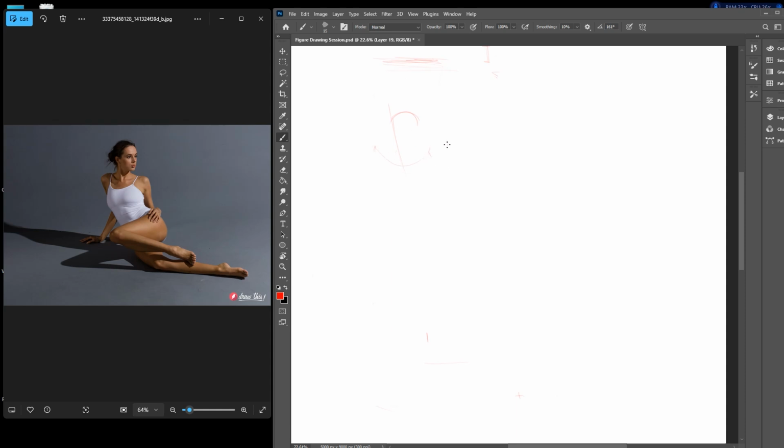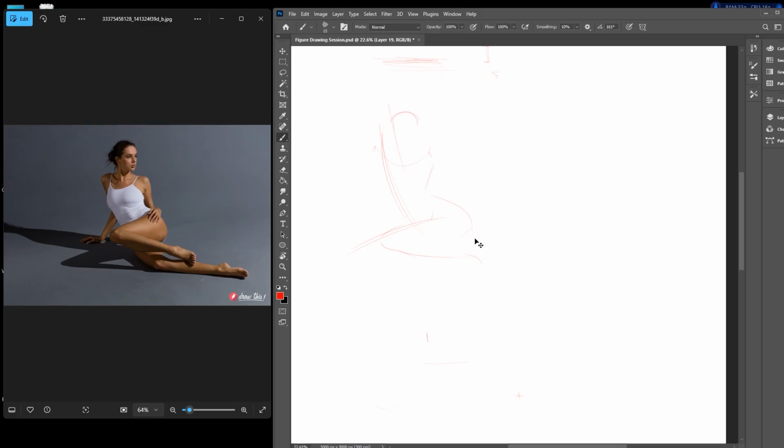I am marking the shoulders. And right now I am trying to find the proportion of the body, and I am following the flow lines, without getting into too much detail.